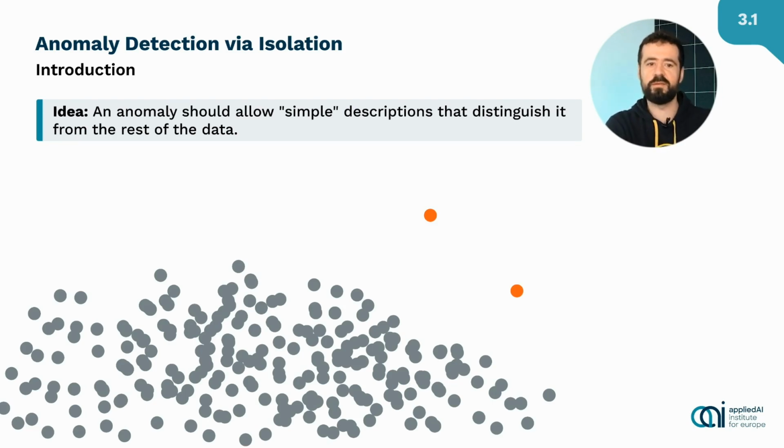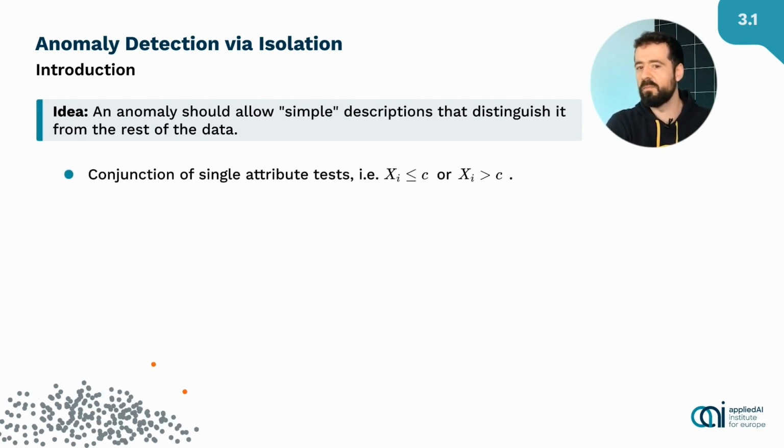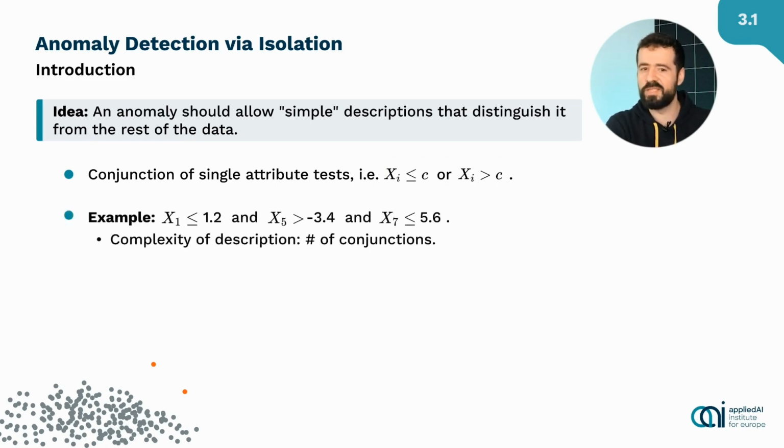So taking all this together, we arrive at the following idea: we want to use separating half spaces, but in order to make the computations efficient, we want to have them axis aligned. So meaning that we're testing whether a certain feature of a point is smaller than a given value or larger than a given value. Our description will be conjunctions of these tests, where we measure the complexity in the number of conjunctions.